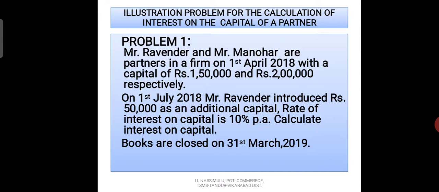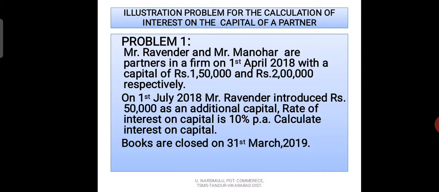So in this problem, the accounts are opened on 1st April 2018 with the capital amount of rupees 1,50,000 of Mr. Ravindra, 2 lakhs rupees of Mr. Manohar.